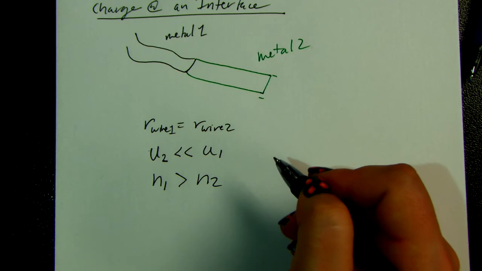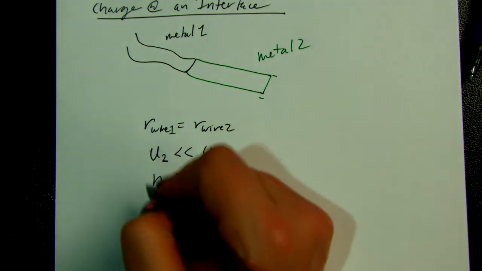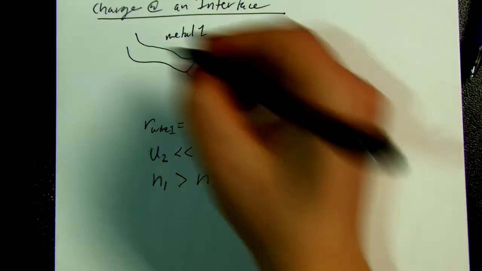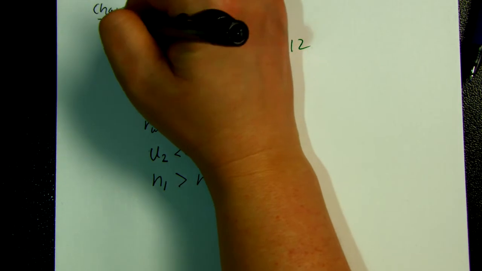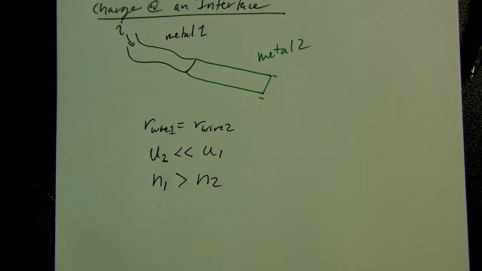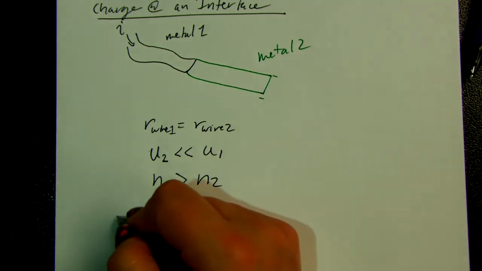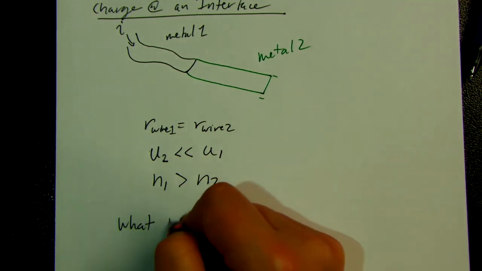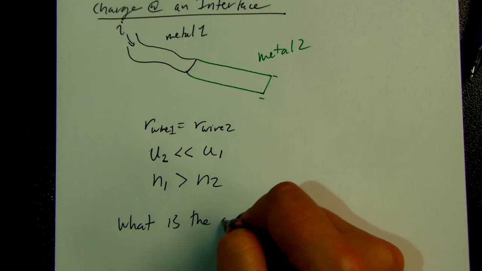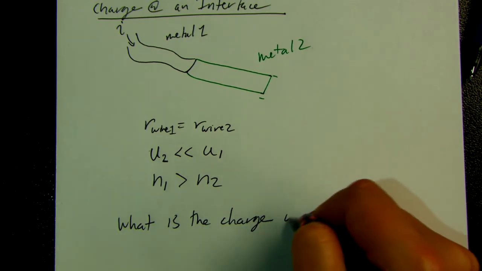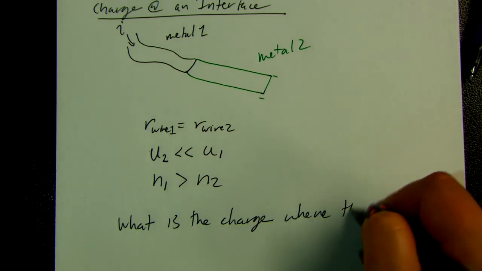And the question we want to go after is, current I is running this way. So what is the charge where the metals meet?